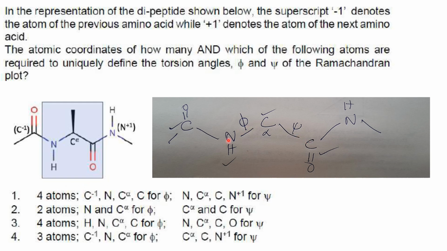Now you will see for the phi and psi. Phi is between N and C alpha, and psi is for C alpha and C. So 4 atoms will be taken into consideration, whereas 2 and 3 we will not. Okay, 2 and 4 we will not see. Now see for the phi. Phi is between N and C alpha.